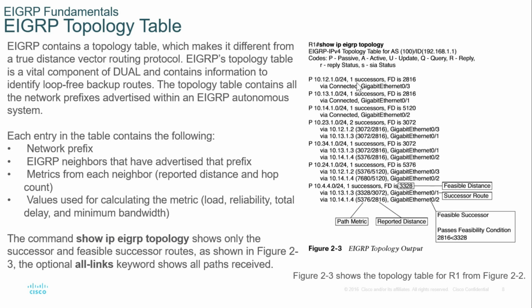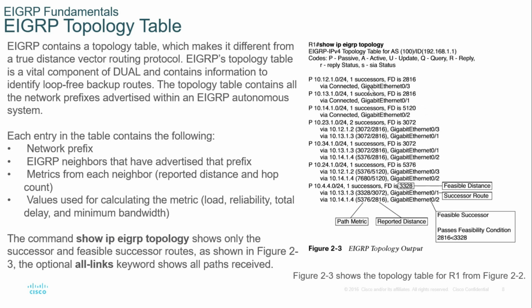Okay, so nampaklah dia ada successor. Dan dia juga kata FD, feasible distance. Jadi, feasible distance untuk ke network ini adalah melalui this interface. This interface ni adalah di router 1 lah, sebab kita tengok dari segi local.